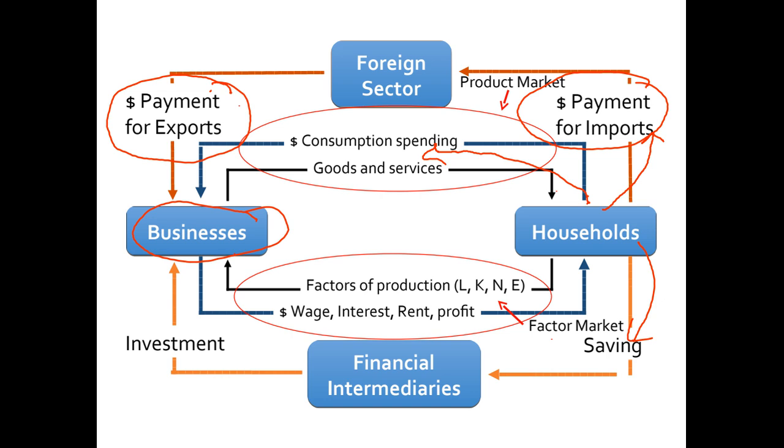Now, this is a very simplified circular flow model. So I'm not including the foreign exchange market. Suppose you are importing from the United States, then you have to pay the seller in the United States in US dollars, but you have Canadian dollars.